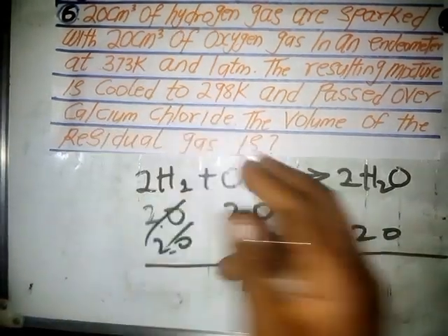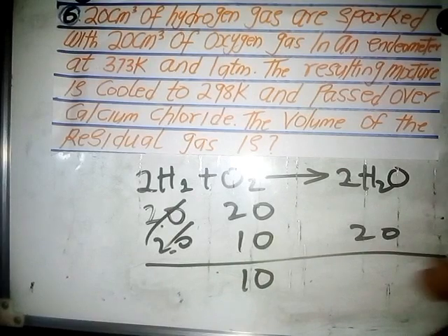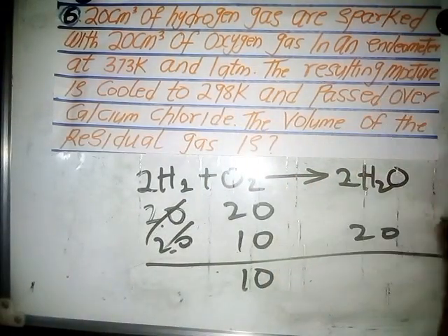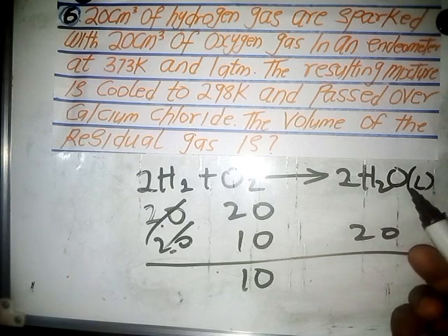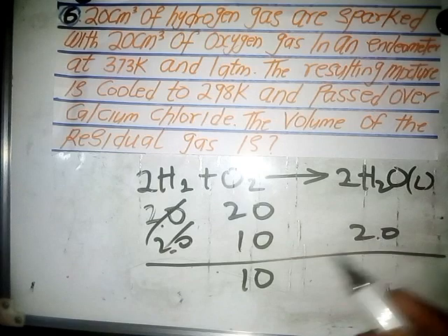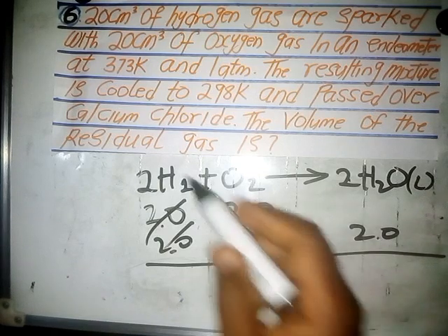And it was also passed over calcium chloride. So the calcium chloride is to remove the liquid component, but your product now will be liquid. And I said Gay-Lussac's law: liquids do not obey Gay-Lussac's law. Since normally, supposing this was a gas, I would just say 20 plus this 10 to get the volume of the residual gas.